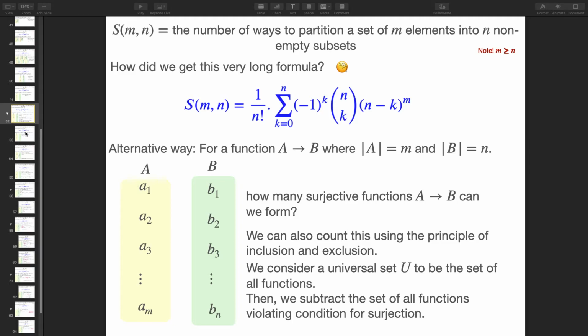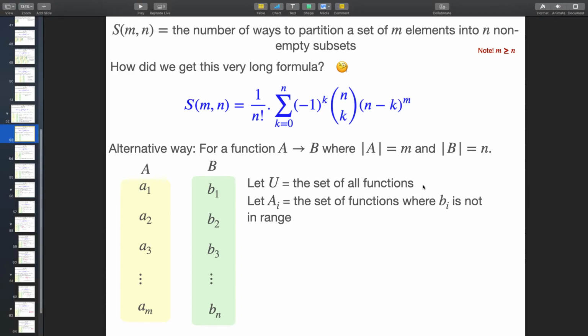Bale, una, meron tayong U to be the set of all functions, mapping A to B. And then, let A sub i be the set of all functions where yung element B sub i sa codomain ay wala sa range, not in range. So, ibig sabihin, visually, walang nakaturo doon sa element na yun.